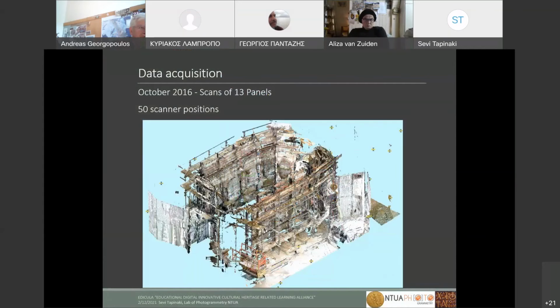Here is a view of the point cloud that we acquired in October 2016 for the 14 panels. You can see that the scanner positions are 50, and if you noticed previously, the scanner positions that we needed for the whole initial state was 58.